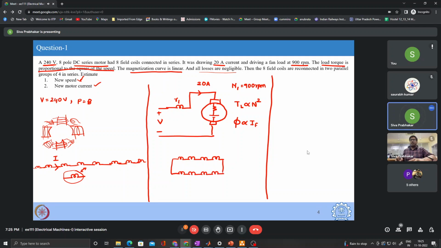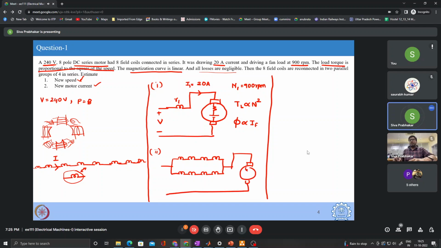This current I am calling I1. If you can see here, for the first case, this is the second case. Here I am representing a single resistance for the series combination, and now it is like this, and this is case number 2.